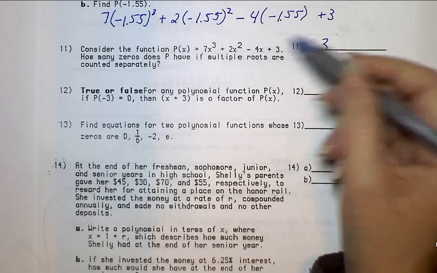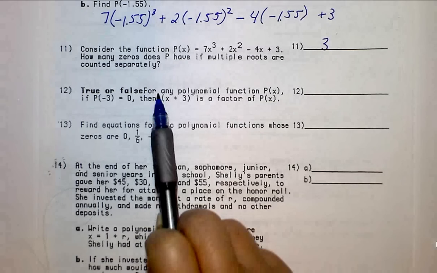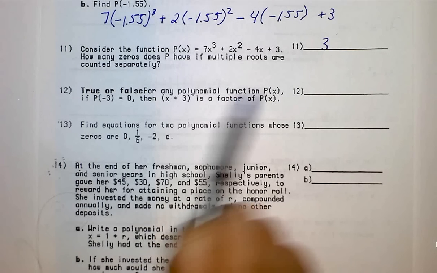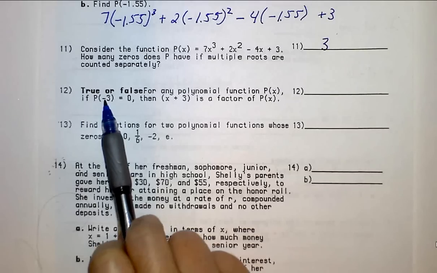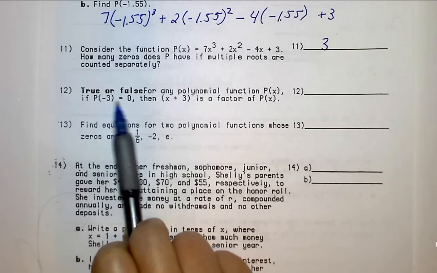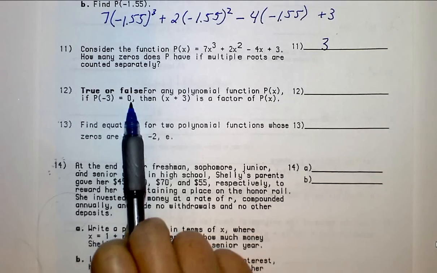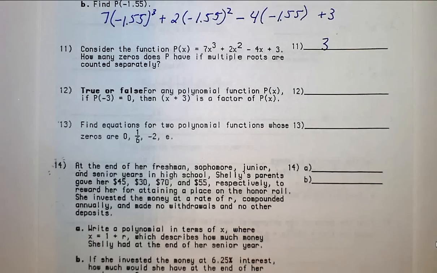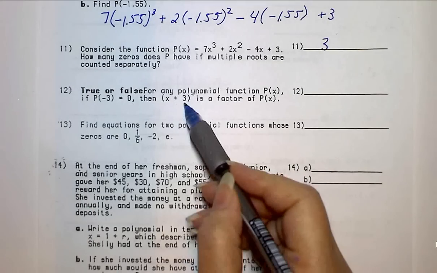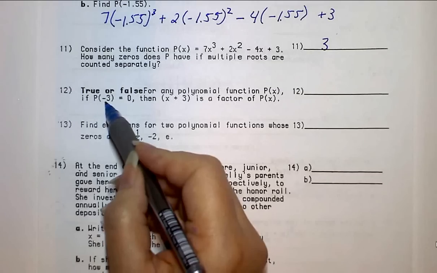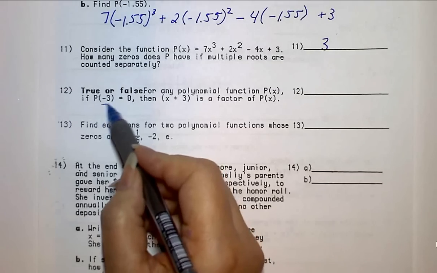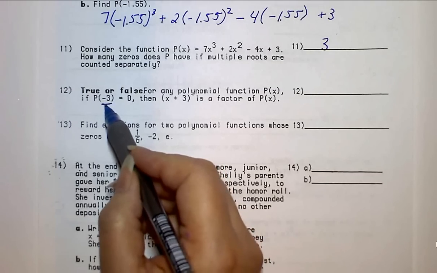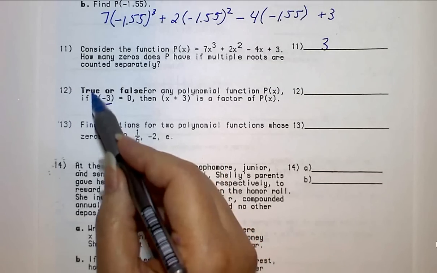Alright, for any polynomial function, if p of negative 3 is equal to 0, then x plus 3 is a factor. What is this saying? If you put negative 3 in for x of the function and you get 0, that means negative 3 is a zero.